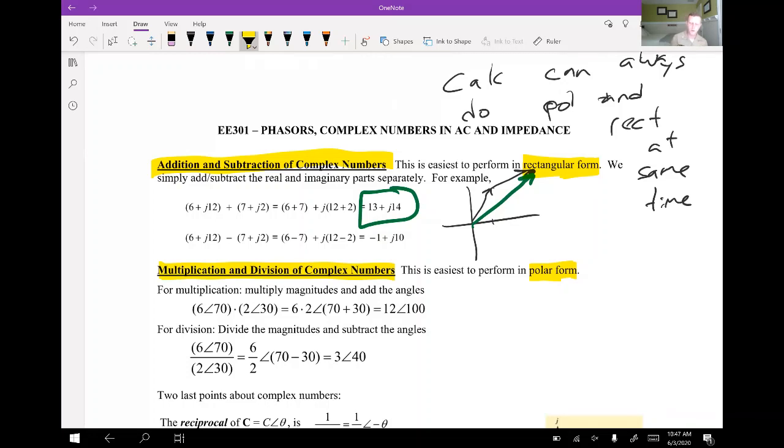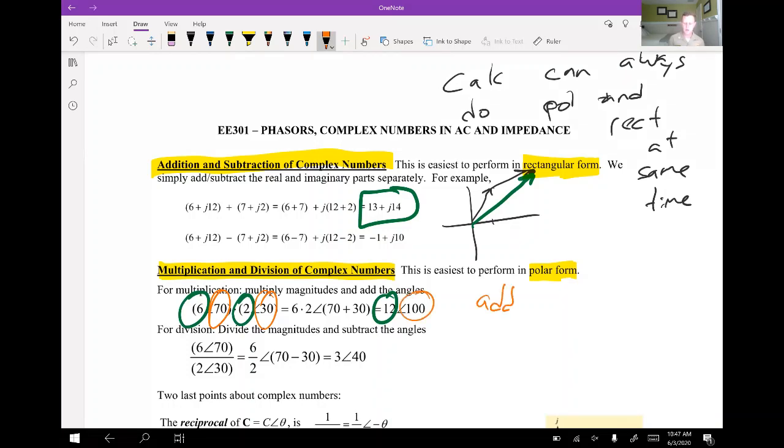And what we do here is I take the magnitude, actually I'll put that in green. We'll take the magnitude, and those get multiplied together to give me 12. Whereas if I am doing the angles, I take the angle, and when I'm multiplying, they get added. 70 plus 30 is 100.